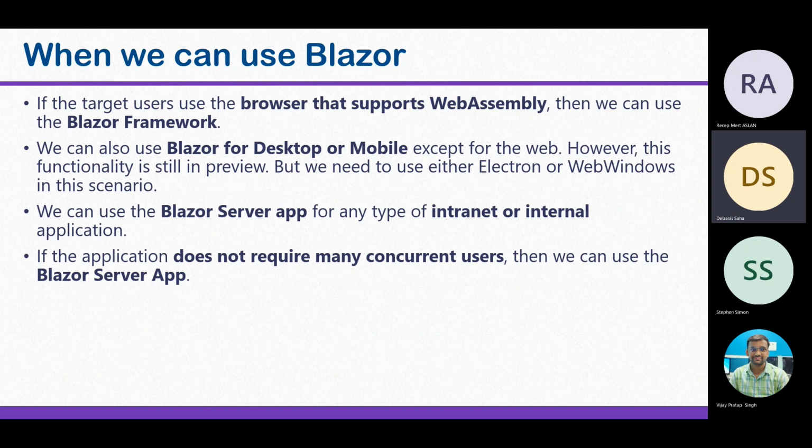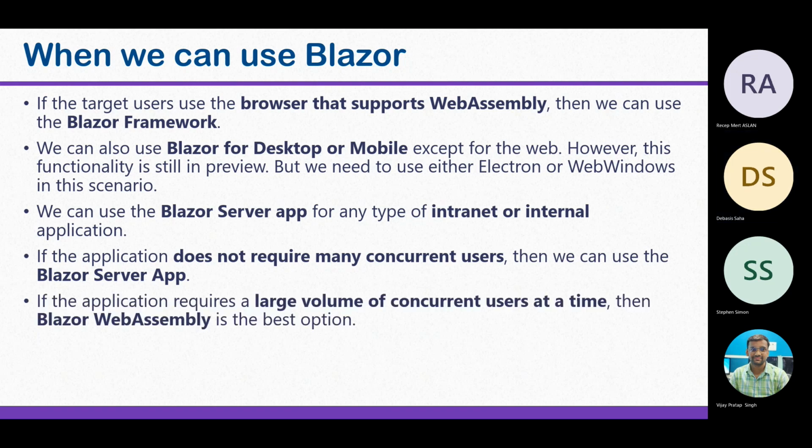This is one of the criteria where we can use it. If we don't have a large number of concurrent users, maybe one or two or a few users, then we can use the Blazor Server app. It is ideally better for a scenario where we develop web applications for intranet or internal use.